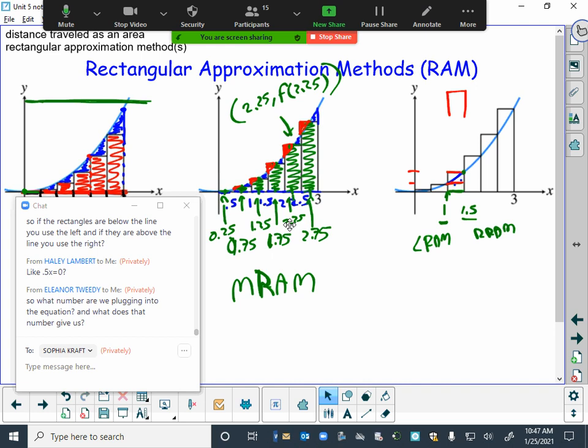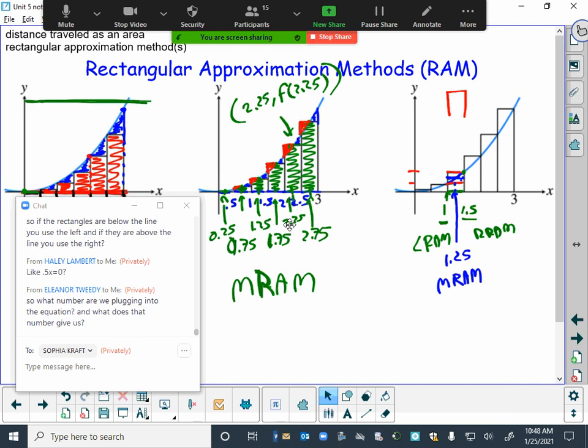The MRAM would say find a point that's exactly halfway between 1 and 1.5. That's my 1.25. Plug that into the function to come up with what the height is going to be and use that as your approximation.